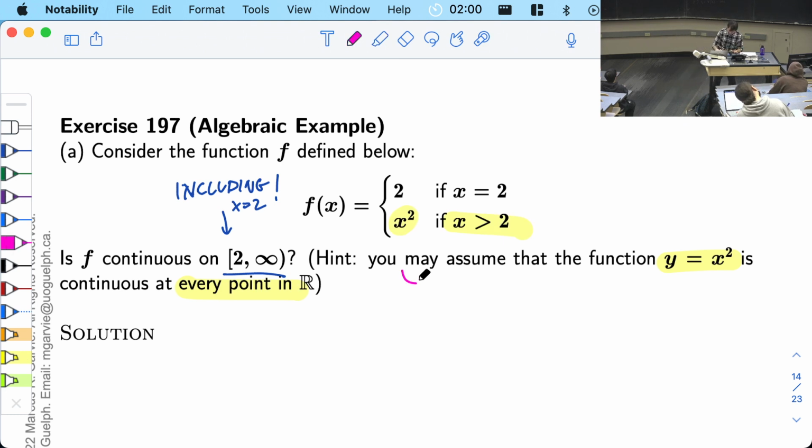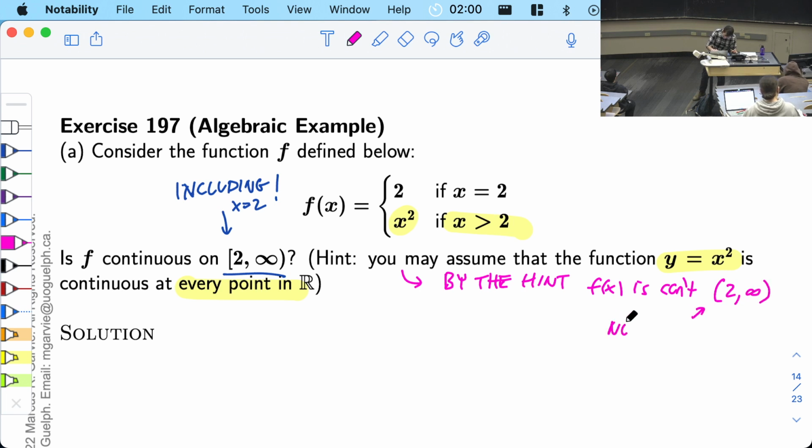By the hint, f of x is continuous automatically wherever it is equal to x squared, right? Because f is equal to x squared and x squared is continuous, so f is also continuous there. It's continuous on 2 to infinity, not including 2. So by the hint, we have covered all the numbers except x equals 2.